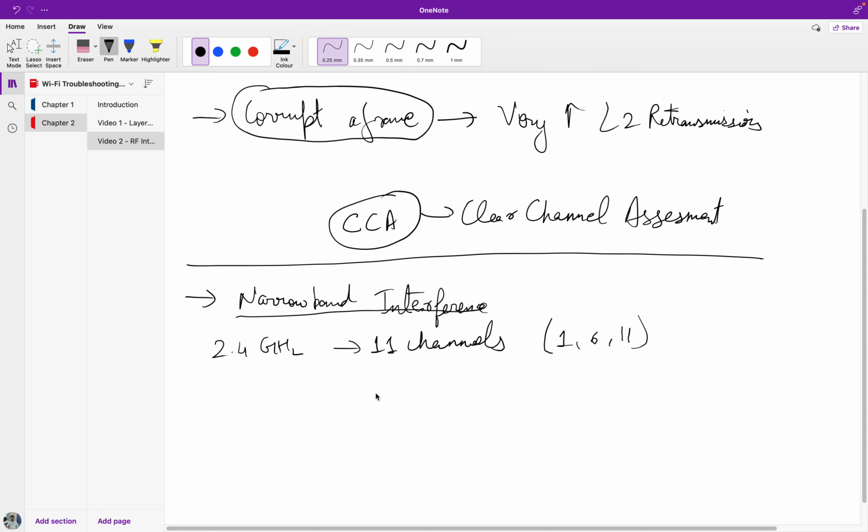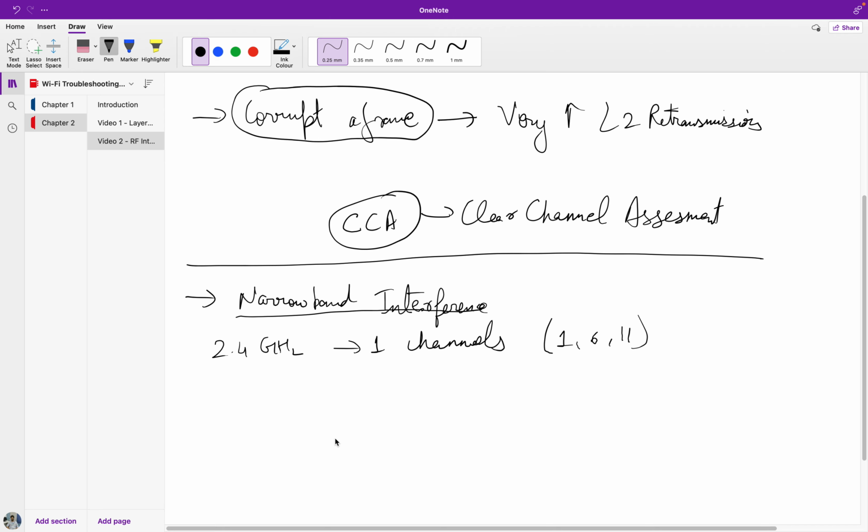Now, narrowband interference is basically when the RF energy is focused on one particular channel of, let's say, the 2.4 spectrum.